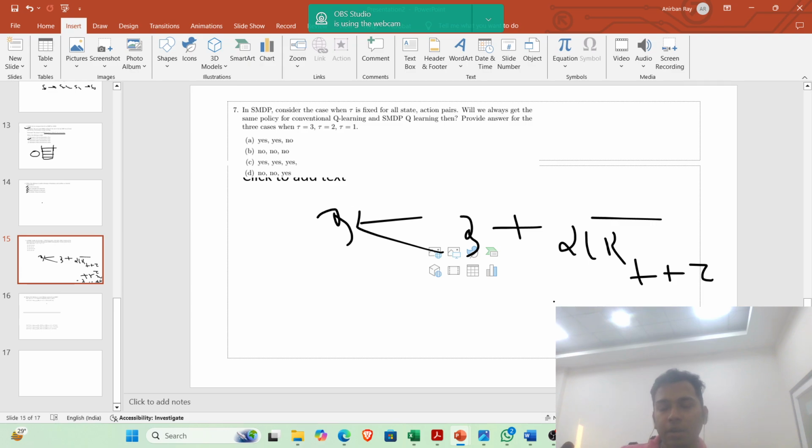Okay, and so this is the formulation for the Q learning of SMDP.